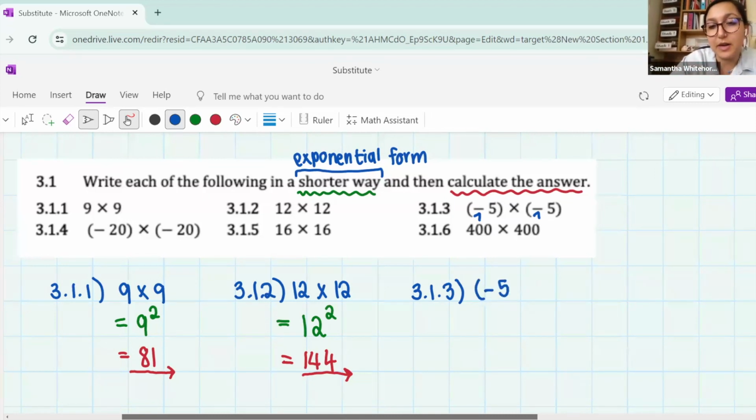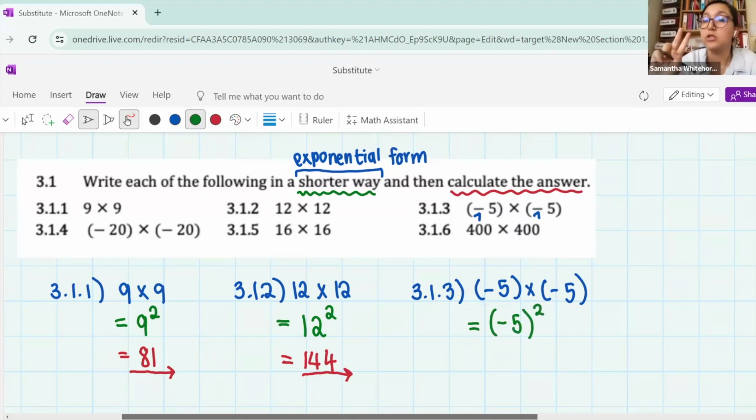So we've got negative 5 times negative 5. In a shorter way, this is saying that I want to take negative 5 and square it. I want to multiply it twice. When we calculate our answer, we know that we've got a negative times a negative, and we know that's a positive. And we know that 5 times 5 is 25.